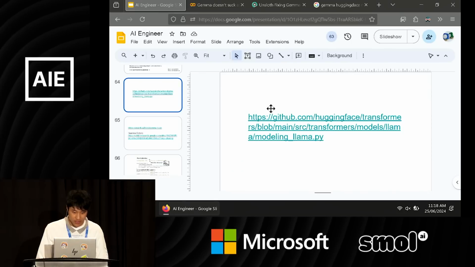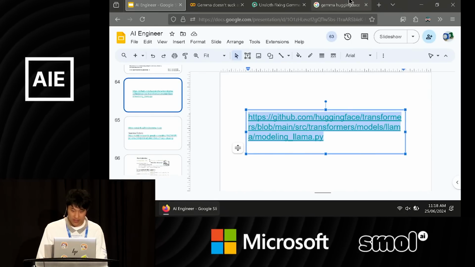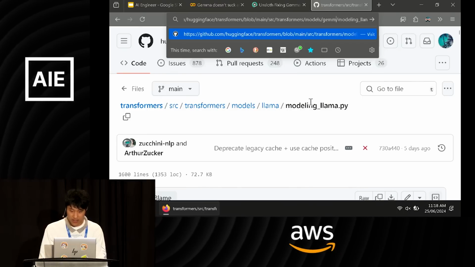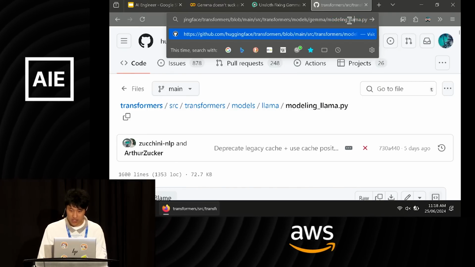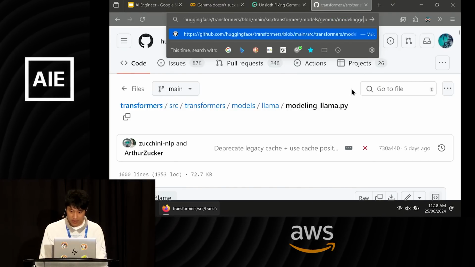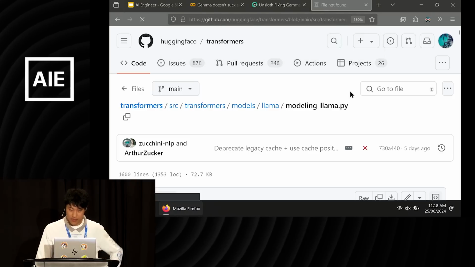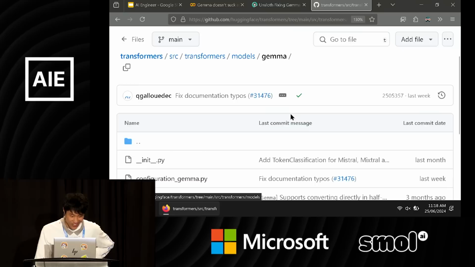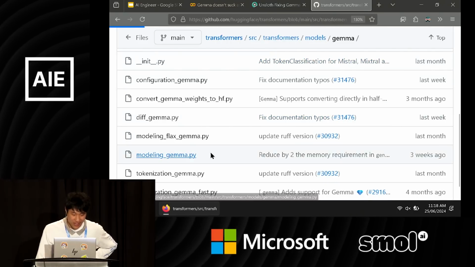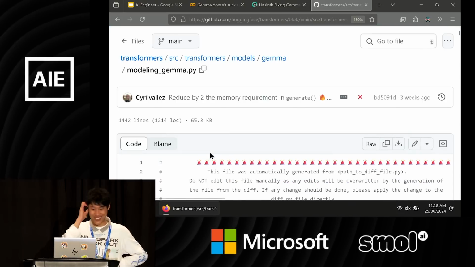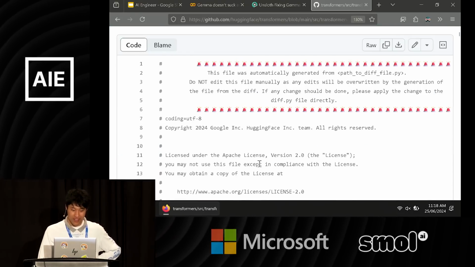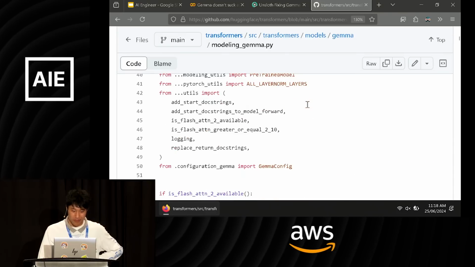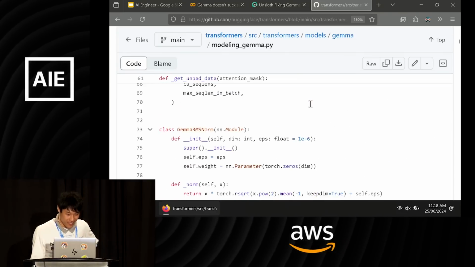If you copy paste this, you go to Gemma, and then modeling Gemma. Maybe I typed it wrong, maybe I did 2 L's, my bad. I always get confused on that. Oh, what is this? This is interesting. Okay, this is new.